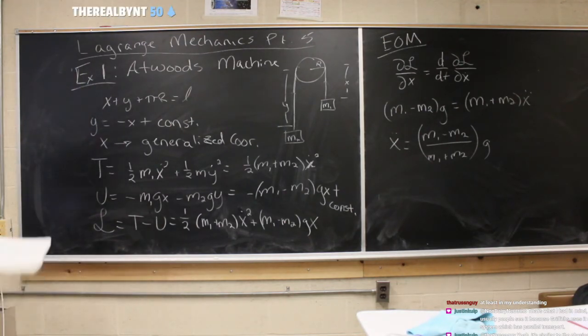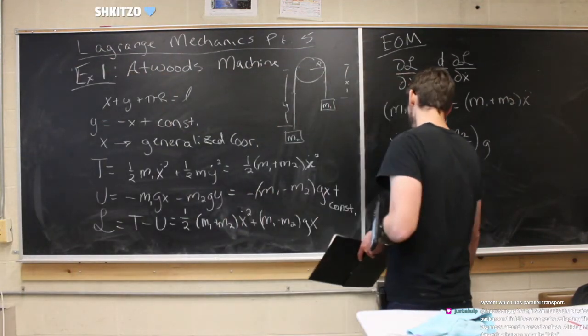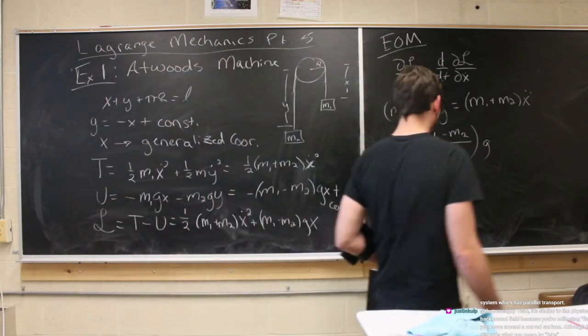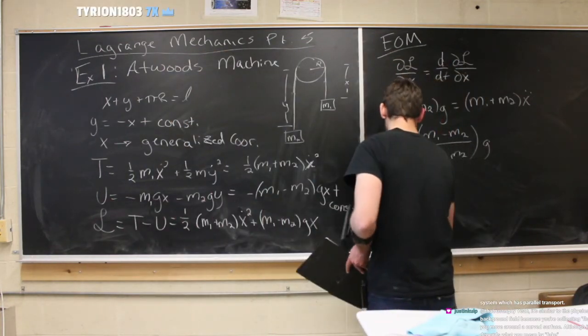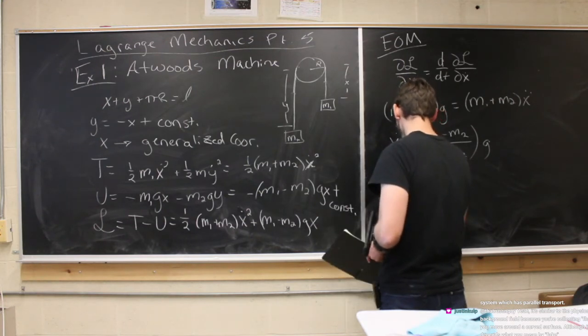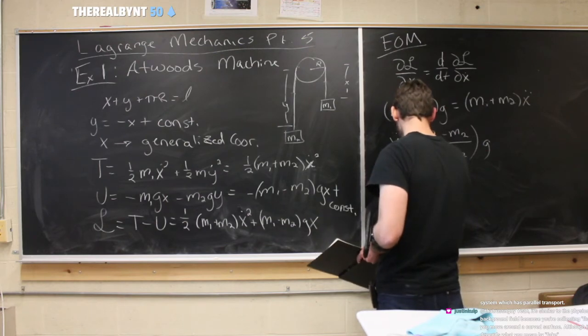Now, we can think about this in Newton's terms. If we were to do free body diagrams for this, the mass on the left-hand side would have some force due to gravity, and then some tension.